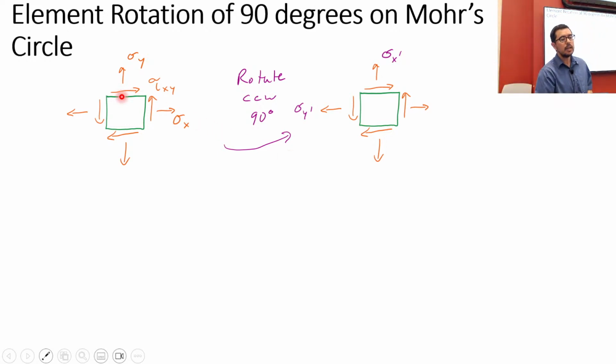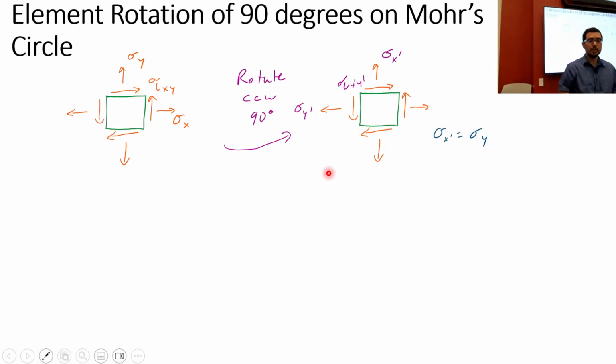This is showing a 90 degree rotation with the element. So sigma x comes up to the top, sigma y comes over here, like you see here. We can say sigma x prime is equal to the original sigma y, sigma y prime is equal to the original sigma x, and tau x prime y prime is equal to minus tau xy.